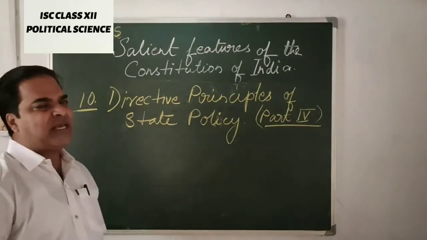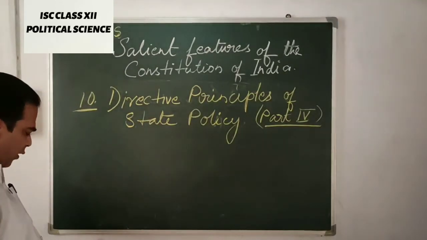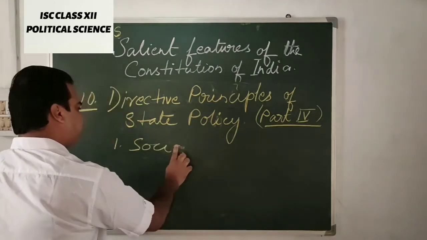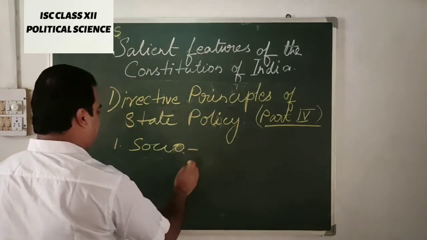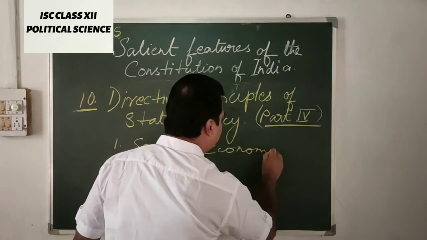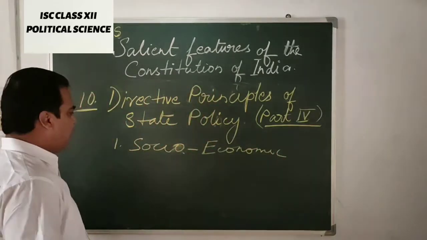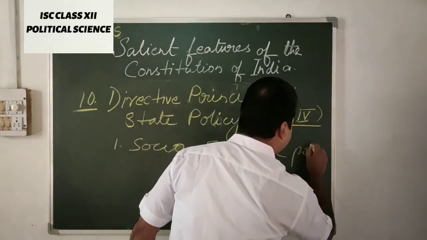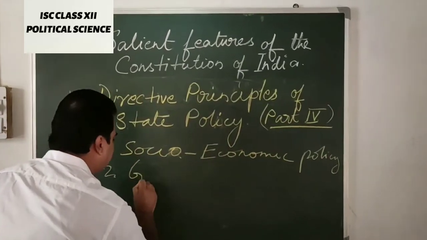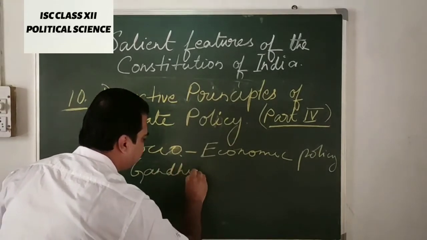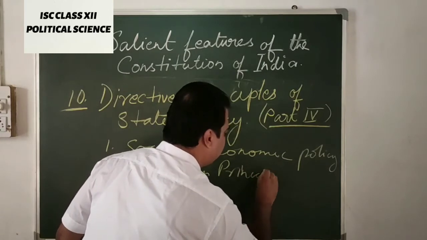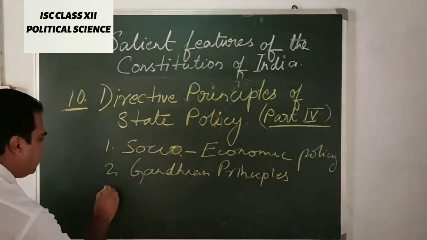Now, all these directive principles are categorized under the following heads. Number 1, socio-economic policy. Number 2, Gandhian principles.